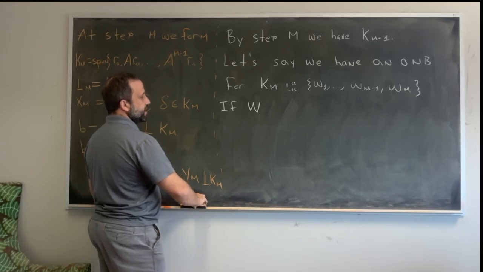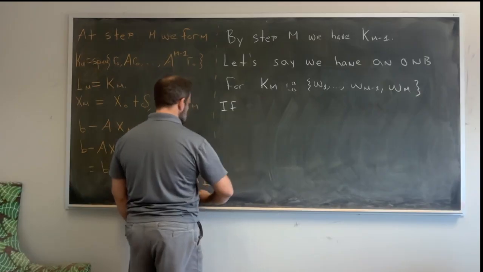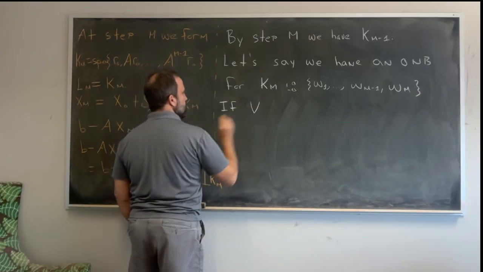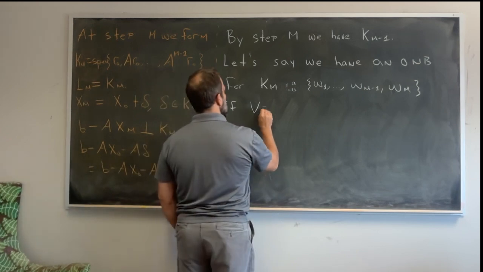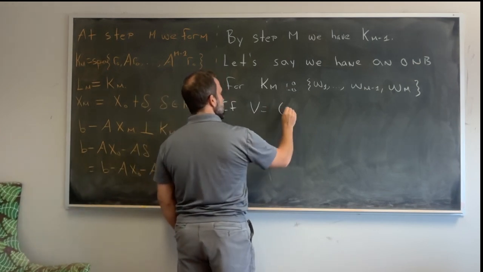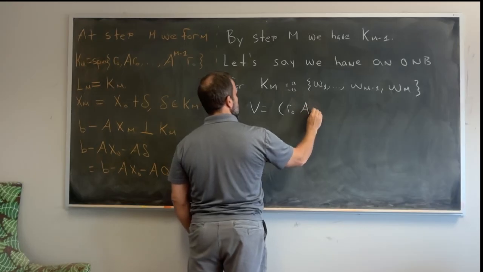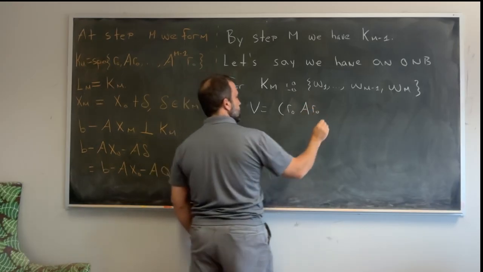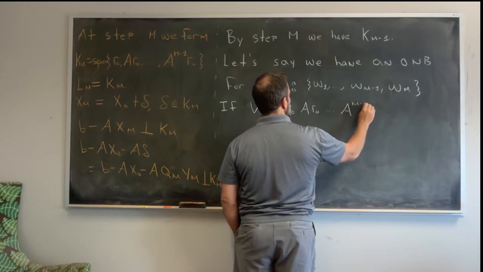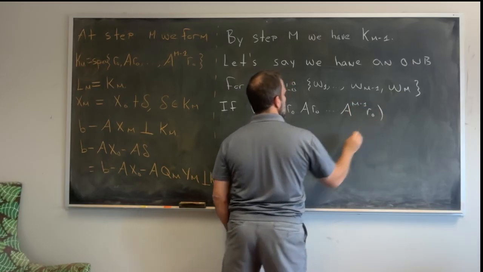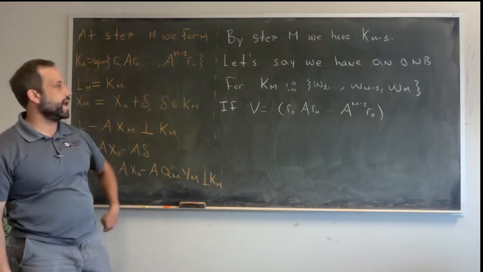If V is equal to the matrix whose first column is r0, whose second column is A r0, and whose final column is A to the m minus 1 r0. In other words, the columns of V span the subspace Km.